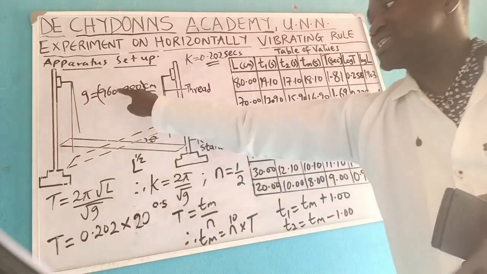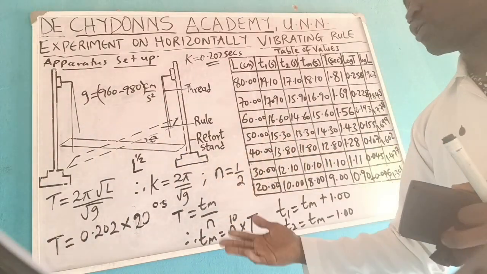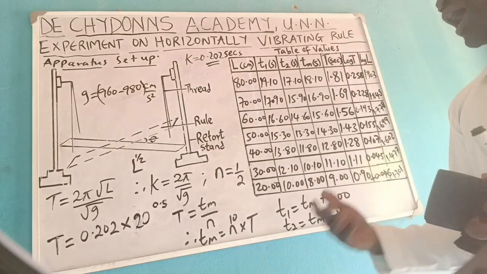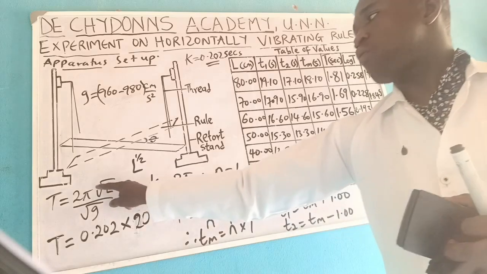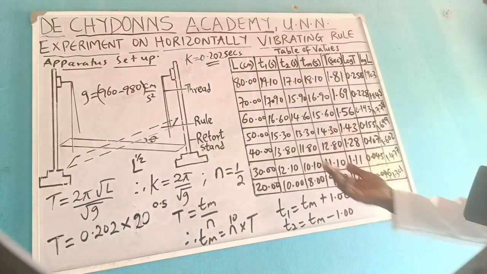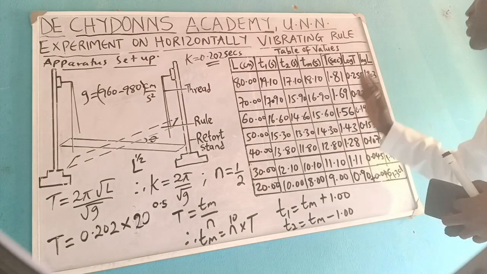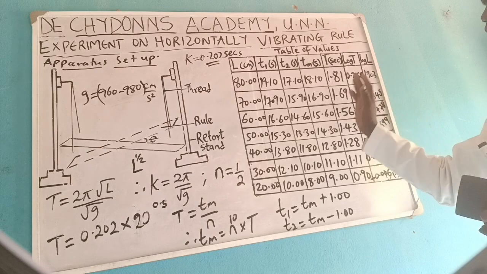You can use 960 as your g or 970 as your g for the computation. And this n, 1/2, is constant, gotten from the value of the square root. It means 1/2, that is 0.5. So with that, we have gotten the table of values of this experiment.